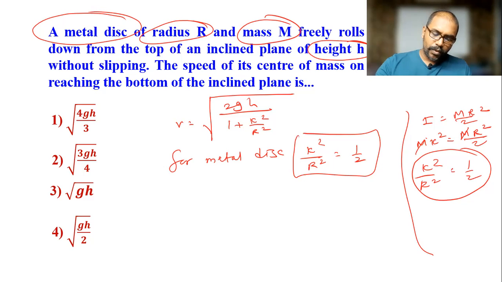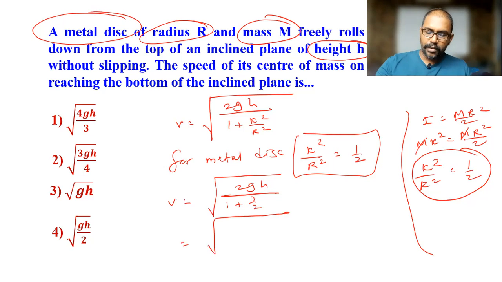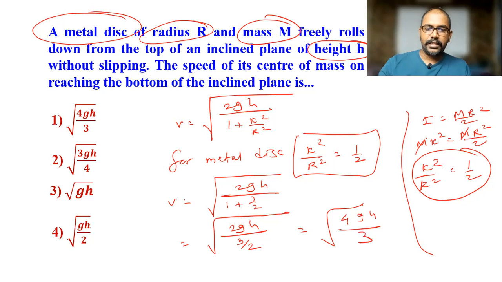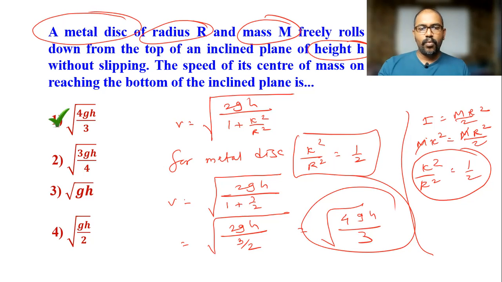So here v is equal to root of 2gh divided by 1 plus 1 by 2. So 1 plus 1 by 2 is coming 3 by 2. That 2 is shifted up. So root of 4gh by 3 is the answer. And 4gh by 3 is written in option 1. So option 1 is the correct answer for this question.